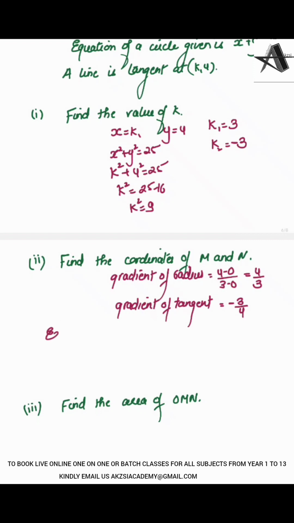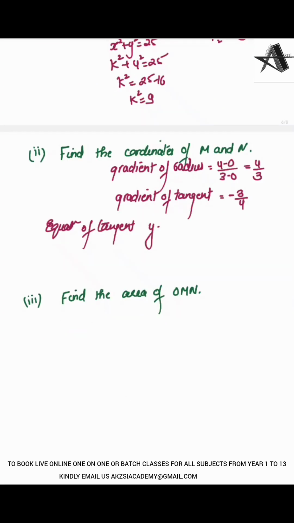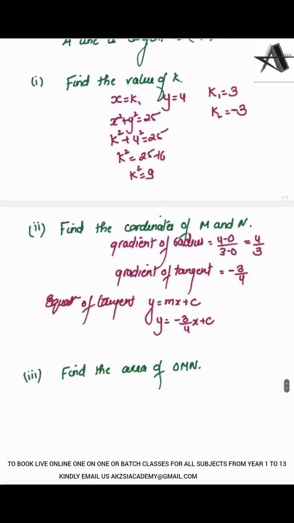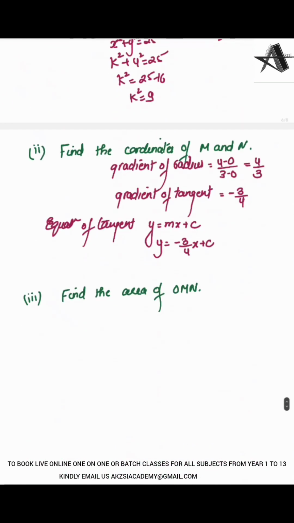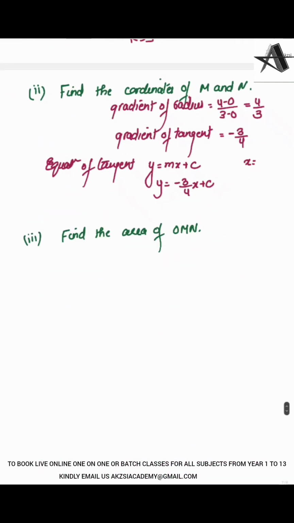So the equation of the tangent is y equals mx plus c. Now m is -3 over 4, so y equals -3 over 4 x plus c. And this is passing through the point (3, 4). So let me put x equals 3 and y equals 4.